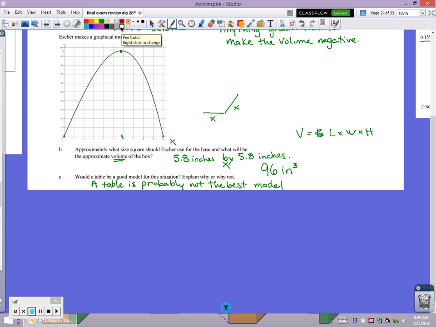Why or why not? I think it would be very lucky for us to actually get that exact value into the table. So a table has a limited number of entries. All right, so I mean, this is an opinion question, and you may have a little bit different opinion or a better way to describe it.